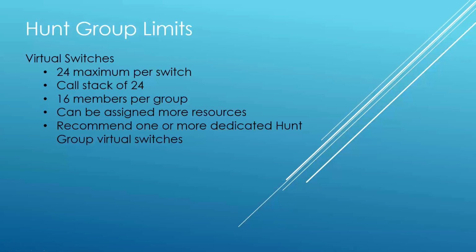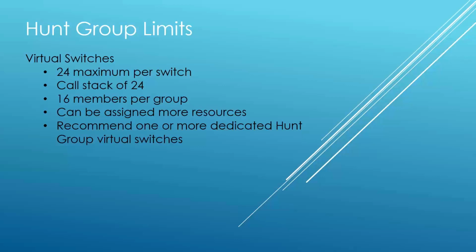And then finally, for the virtual switches, which is where we recommend placing hunt groups on systems now, they have similar stats to the ST switches: 24 maximum hunt groups per switch, 16 members per group. Realistically, you can assign that virtual switch even more resources to go past some of these limitations.